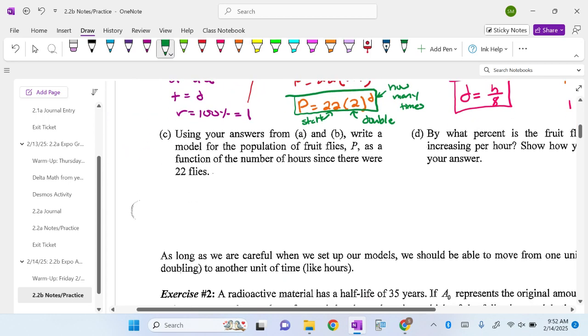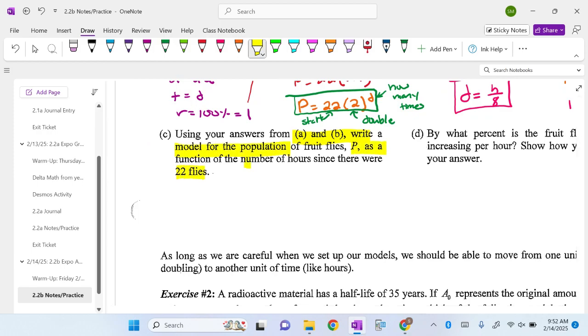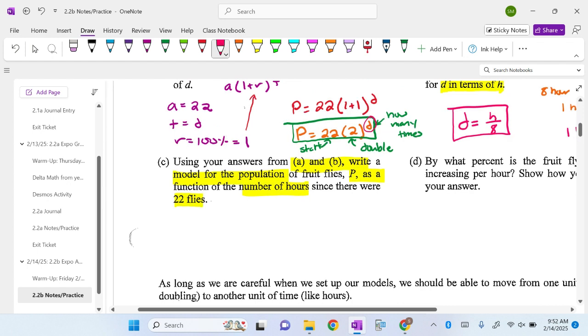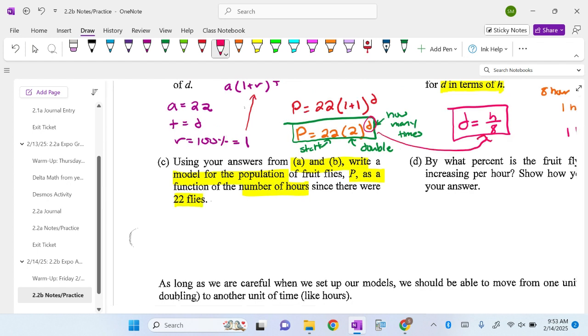So now we're going to use our answer from A and B and write a model for the population of fruit flies in terms of number of hours. So all we're going to do is replace the D in this function with what we got here.